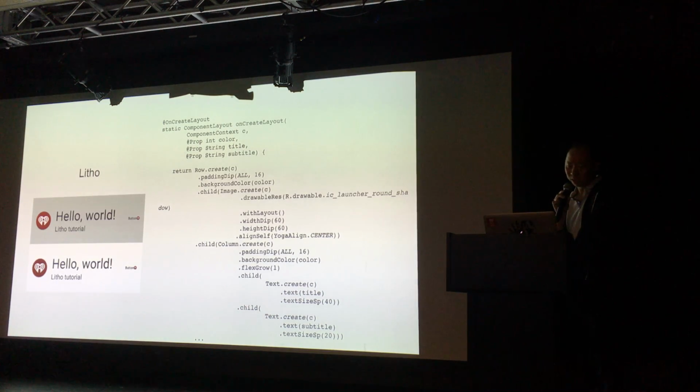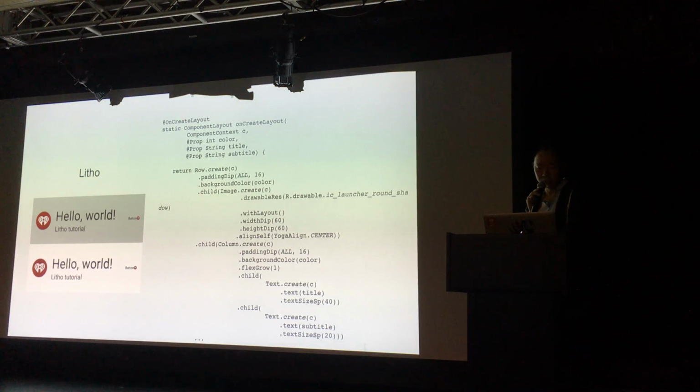So column will be holding the vertical, think of it as a linear vertical layout. And we'll have another child inside, text, which is hello world, and another child, another Litho tutorial. And closing the column, you can have another child, which will be the button, smaller text on the right.